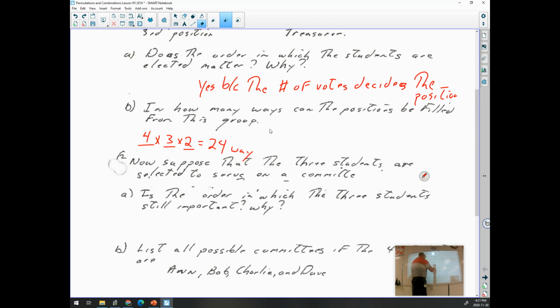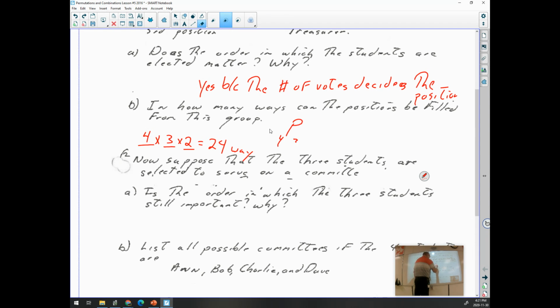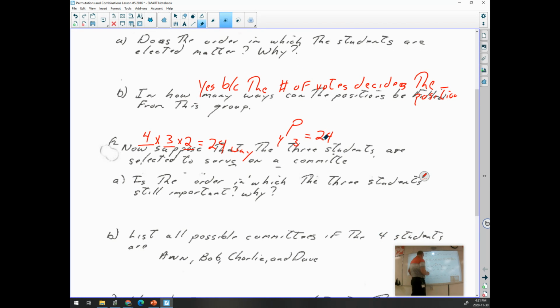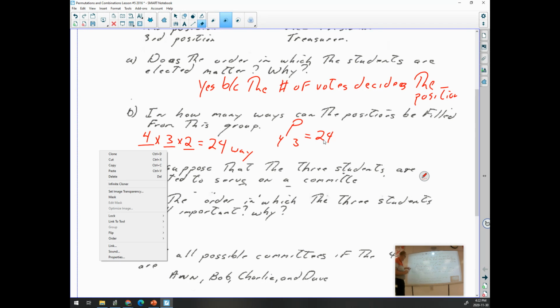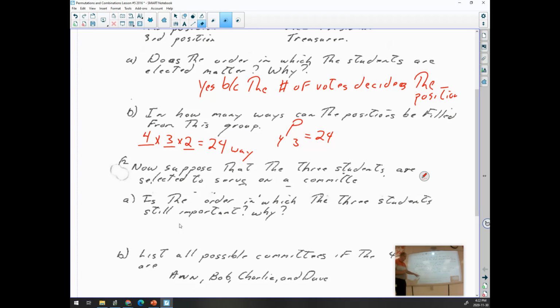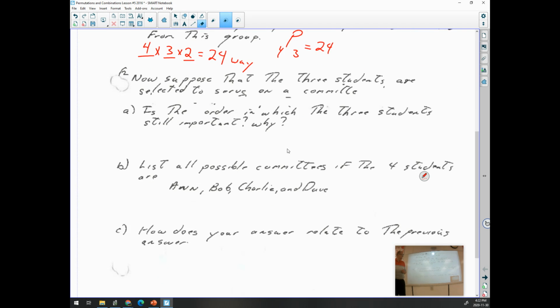We could also do this as 4 perm 3, which will give you 24 ways. Like I said, there's 2 different ways to get this, an arrangement. I could also brute force it. I really don't want to write out 24 different ways of doing this.